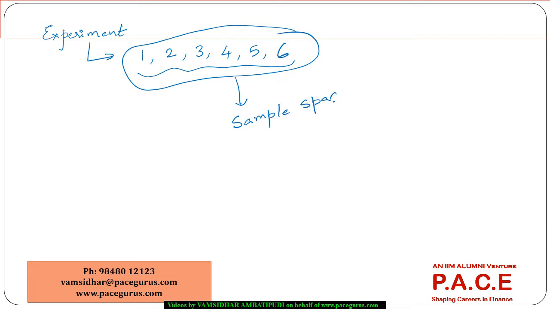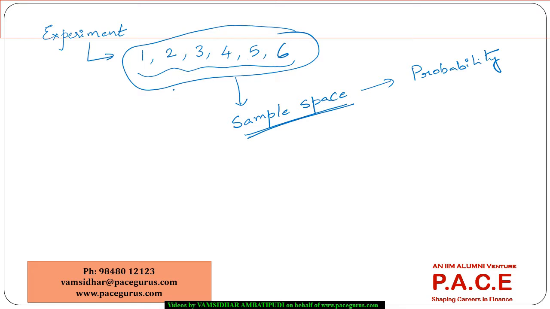And this sample space is one important concept that plays an important role in probability. That is where the linkage is coming from. Sample space is nothing but the set of all possible outcomes when we are performing any particular experiment. All the possible observations that I can have when I am performing an experiment.